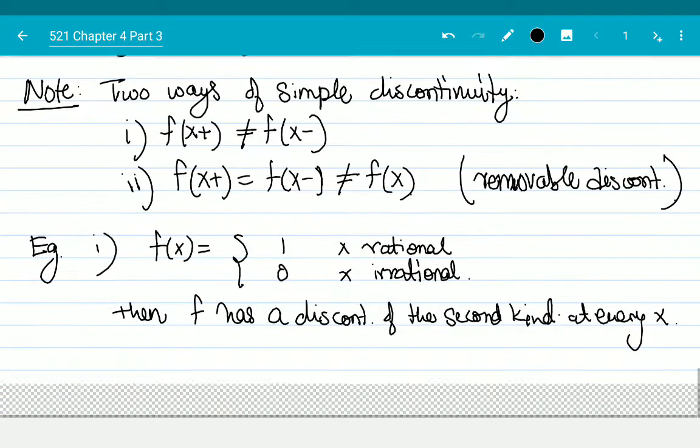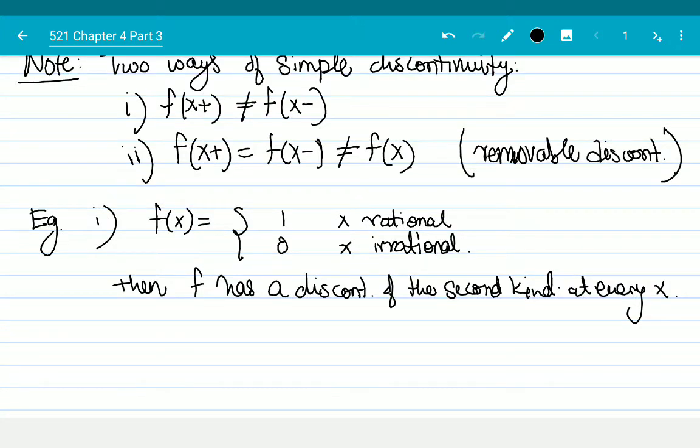That is because at any point both f plus and f minus do not exist. Given any small epsilon neighborhood, you can always find points where f is 0 and points where f is 1. So if I take epsilon less than 1/2, let's say 1/3, you cannot get both the points in it.